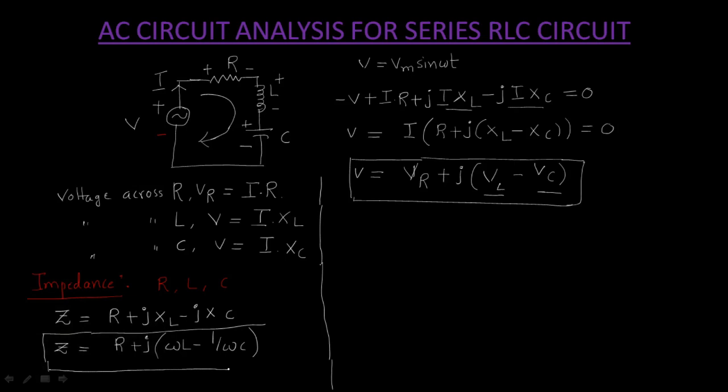In an RL circuit we have R plus jXL. In an RC circuit we have R minus jXC. Whenever all three are there, it is the combination R plus jXL minus jXC. Understand? Right. That's why we can write V equals I into Z, but this Z is the combination of RLC.